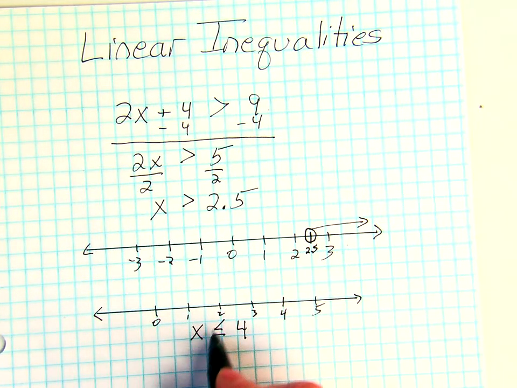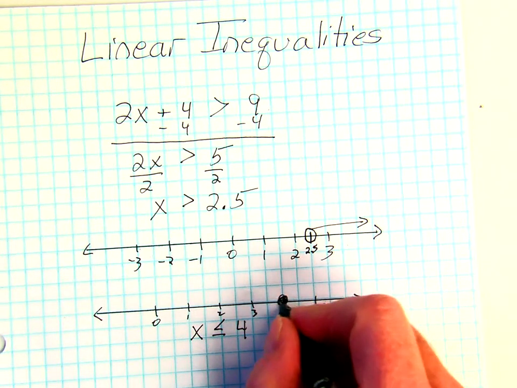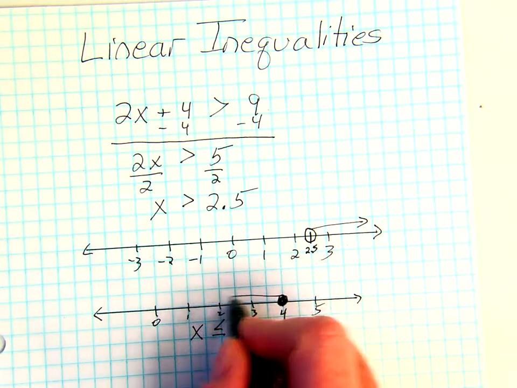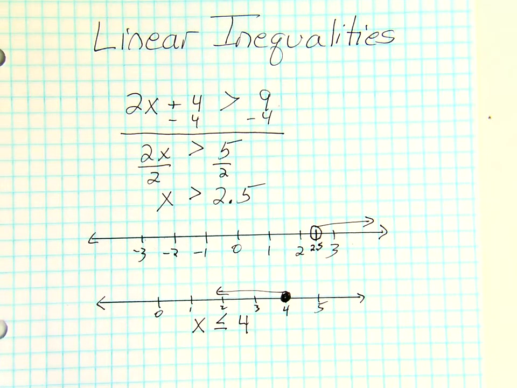When it is inclusive of that, we put a solid circle, and then our arrow going in this direction. Okay, so that's just a quick reminder of our inequalities with one variable.